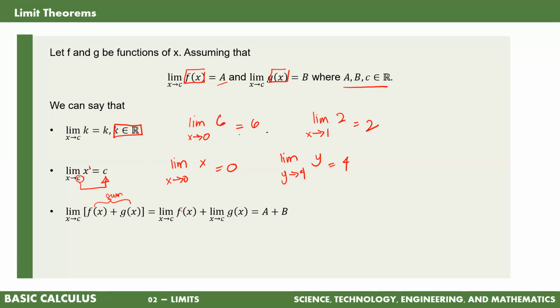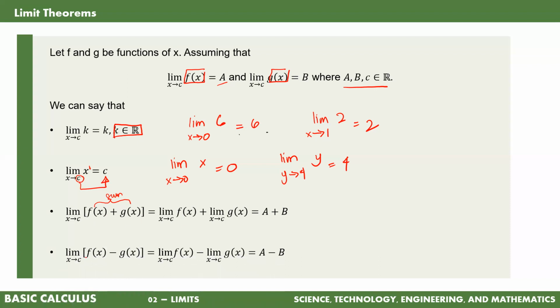So, pwede mo silang paghiwalayin. Okay? So, kaya a plus b lang tong nasa dulo. Yan. Kasi nga, kung pinag-sum mo or pinag-add mo yung f of x at g of x, pwede mong kunin yung individual limits nila, tapos saka mo ipag-add. Makukuha mo pa rin yung same answer.